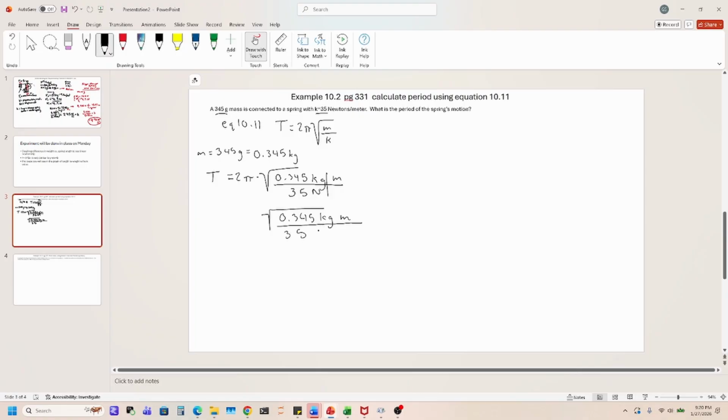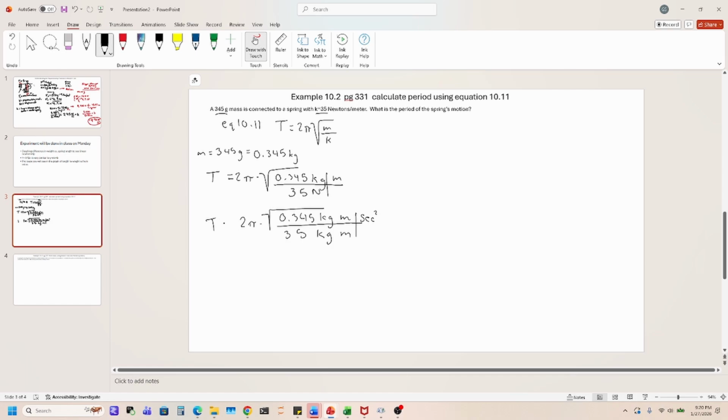So a newton would change over to being kilograms meters per second squared. Again, dividing by a denominator ends up putting it on top.